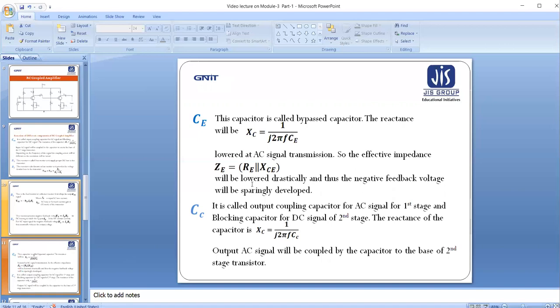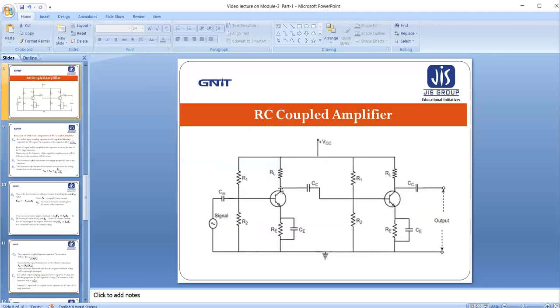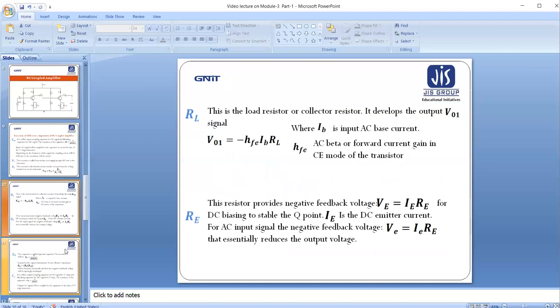The last parameter is CC. It is called the output coupling capacitor for AC signal of the first stage and blocking capacitor for the DC signal of the second stage. That means we have seen that this signal is processed through the CC, so this CC is the input coupling capacitor of the first stage, and this capacitor is the blocking capacitor, also the output coupling capacitor of the second stage.